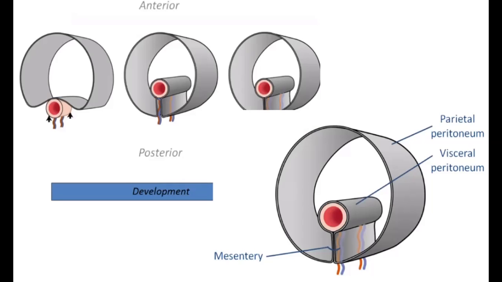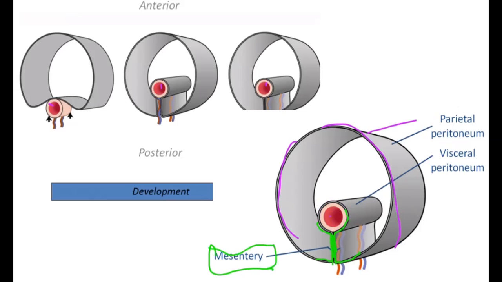See, during the development, this is the gut. This is the parietal peritoneum, whereas that which lines the viscera is the visceral peritoneum. If you observe clearly, the parietal peritoneum and visceral peritoneum reflect themselves, and there is a double layer of peritoneum called mesentery.